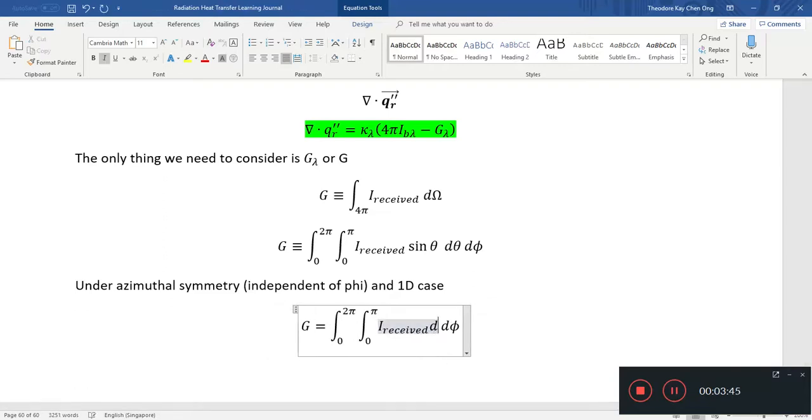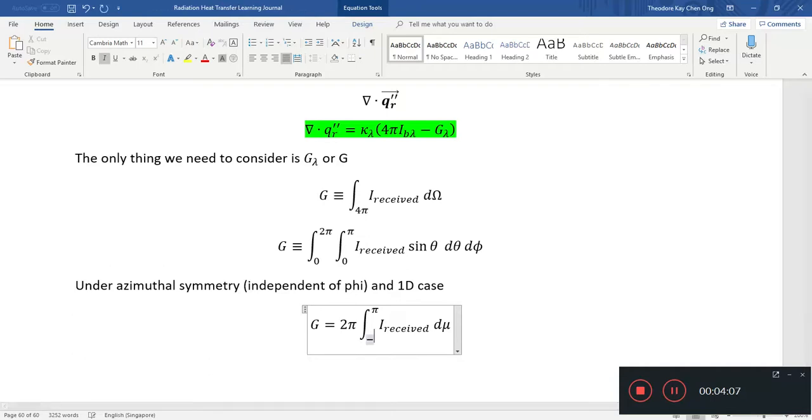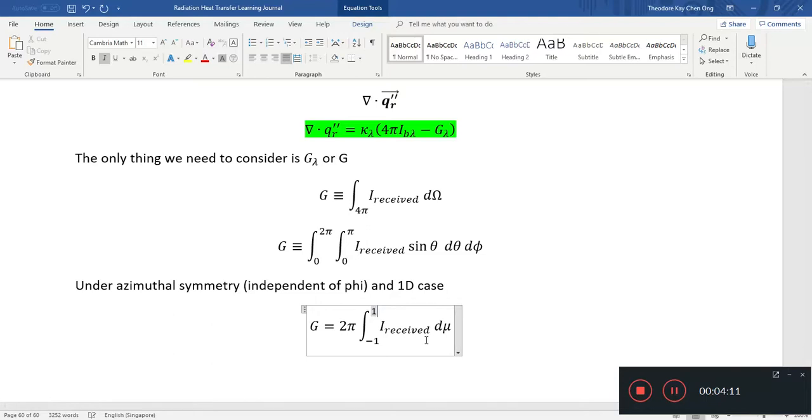So I'm just going to write d mu here and assume that the variable change is already known because we've derived it before. Not going to derive it again. And then we have to change this from -1 to 1, because we swapped around the 0 and pi.